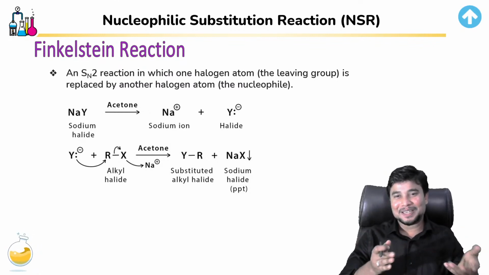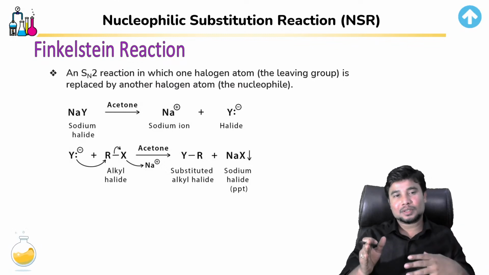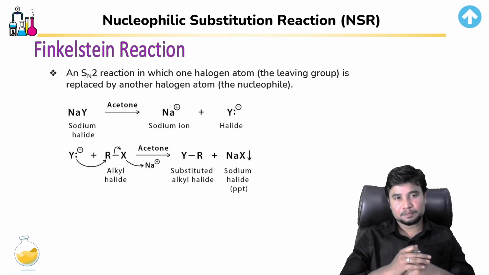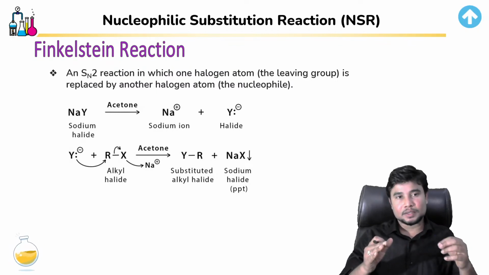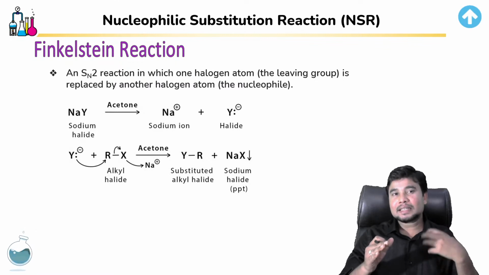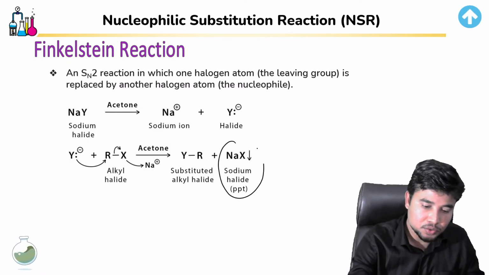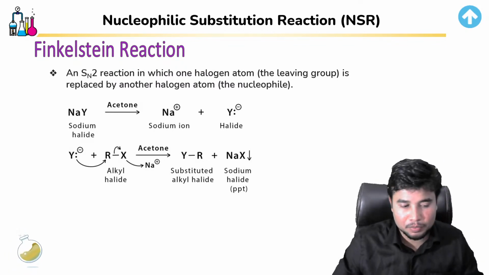I mean, obviously substrate and product are important, but the medium is the cause for the reaction to shift in the direction where we want it to be shifted. So the medium that you would take over here is acetone. Now, acetone has a capability to selectively stabilize sodium iodide, sodium bromide or sodium chloride.